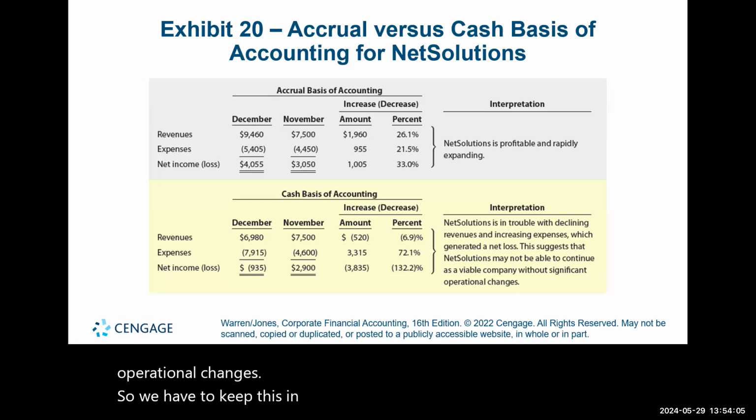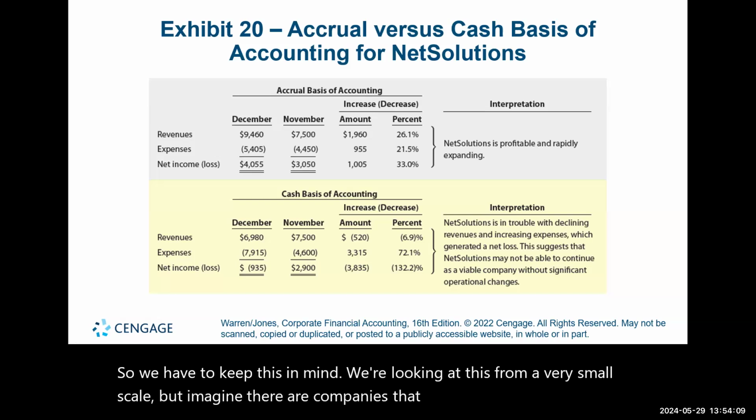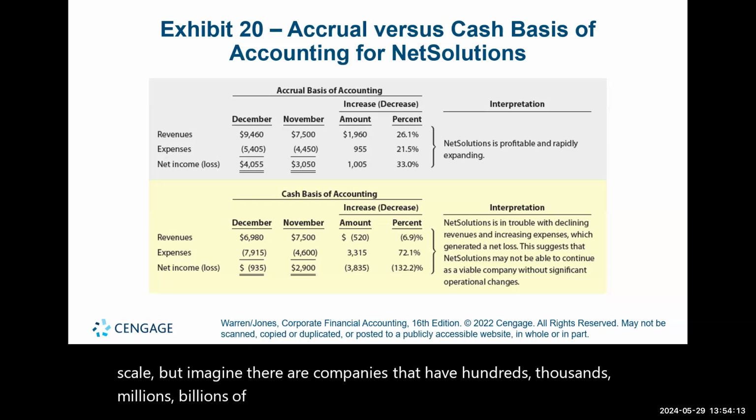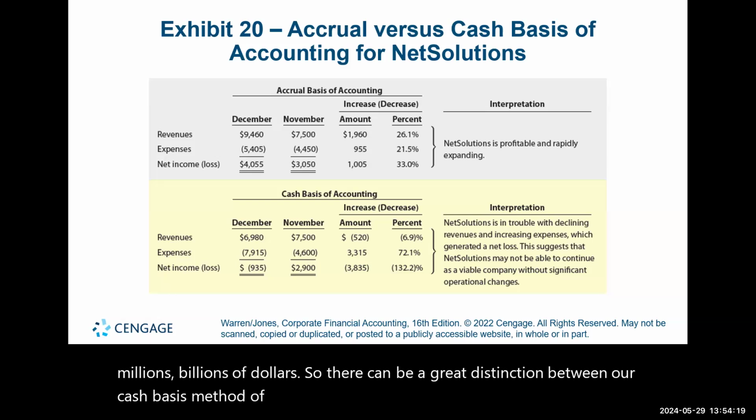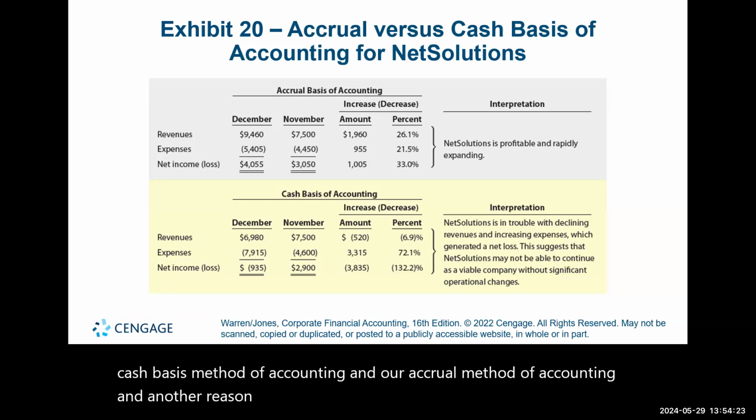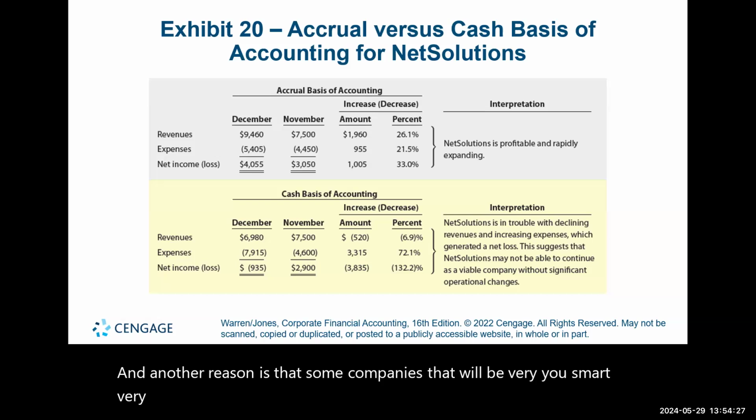We're looking at this from a very small scale, but imagine companies that have hundreds, thousands, millions, billions of dollars. There can be a great distinction between the cash basis method of accounting and the accrual method. Some companies will be very savvy.